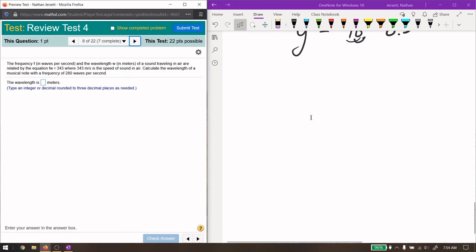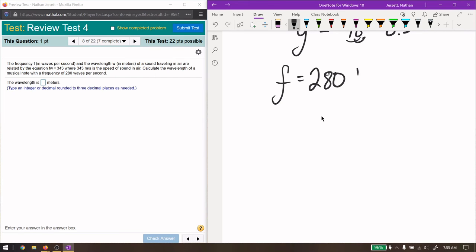We're going to calculate the wavelength of a musical note with a frequency, they actually use this fancy f, of 280. It says waves per second. It's not technically waves per second. It's actually 1 per second. It's called a hertz, but we'll just have it in waves per second to keep the idea. I understand why they said that.